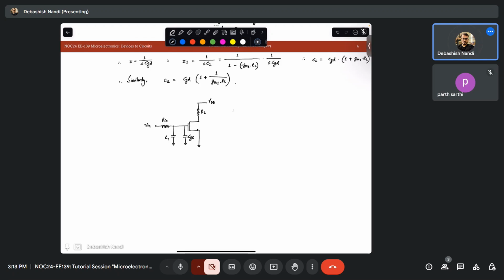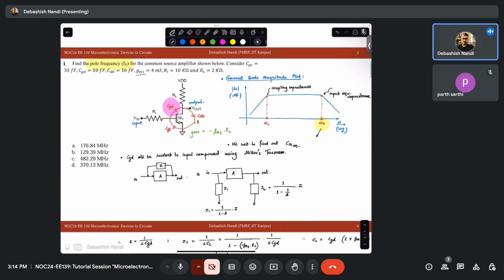So your total C input equivalent is C1 plus CGS, that is (1 plus GM1 RL) times CGD plus CGS. So your GM1 is given as 4 millisiemens, RL is 2 kilo ohms. So this figure is minus 8.